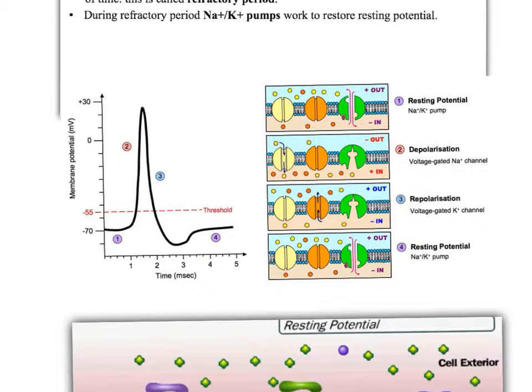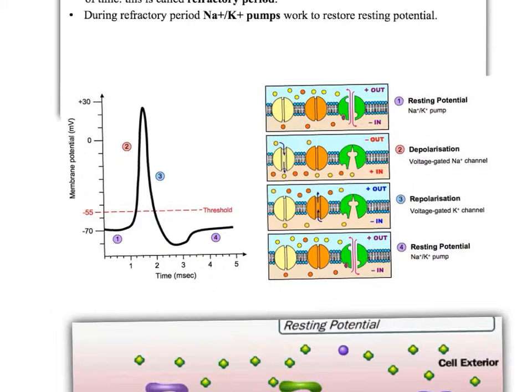So resting potential, as we dealt with in the last slide, we've got the sodium potassium pump here, pumping sodium ions out and potassium ions in. We have ion channels which are shut: voltage-gated potassium ion channels and voltage-gated sodium ion channels don't allow the movement of potassium ions out or sodium ions in.